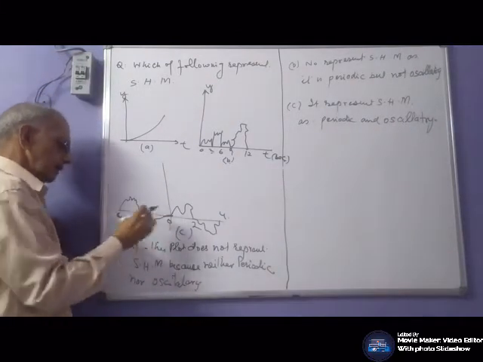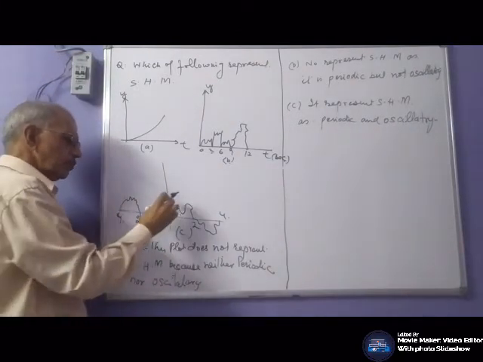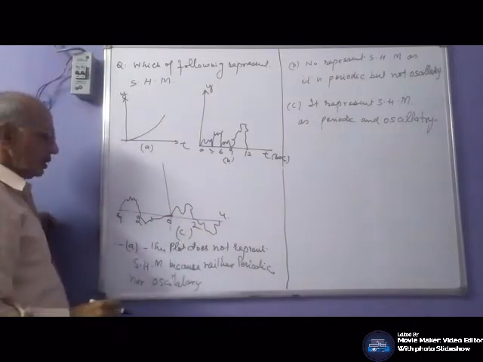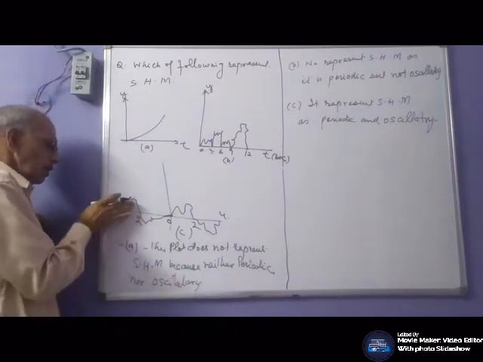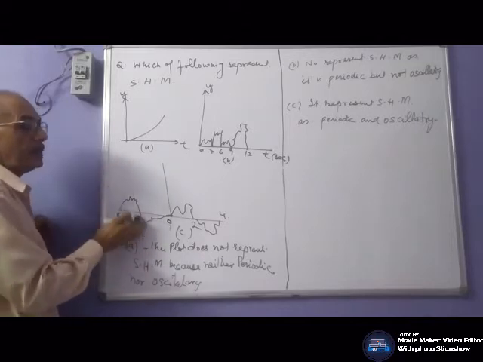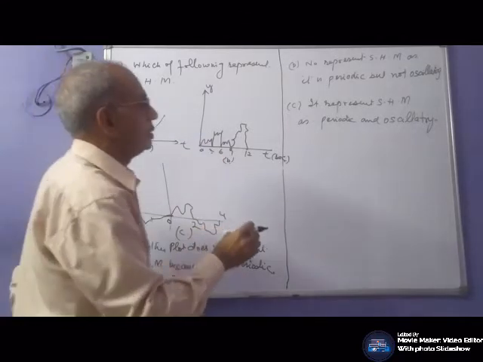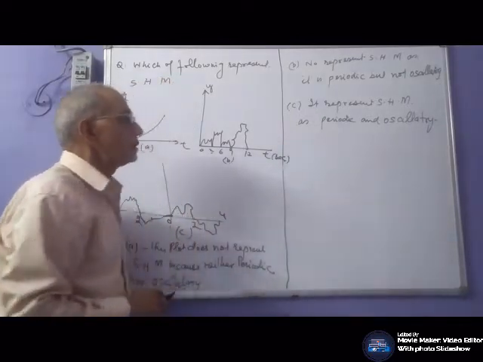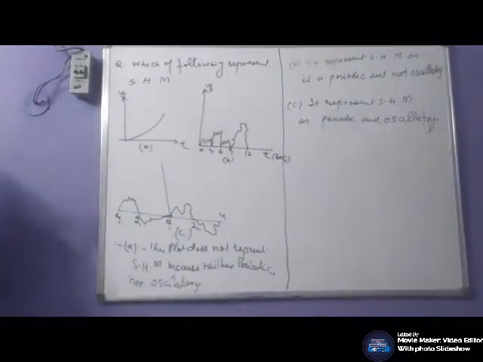This full cycle is 4 seconds, and it is oscillatory. Half cycle 2 seconds, half negative half 2 seconds, it repeats. So both conditions are satisfied, so it will represent S.H.M.